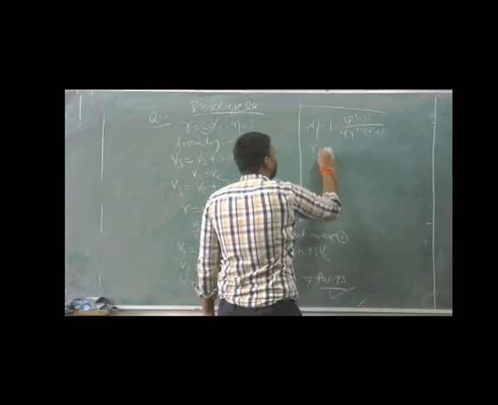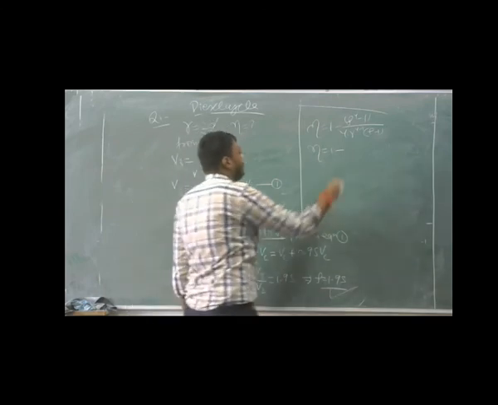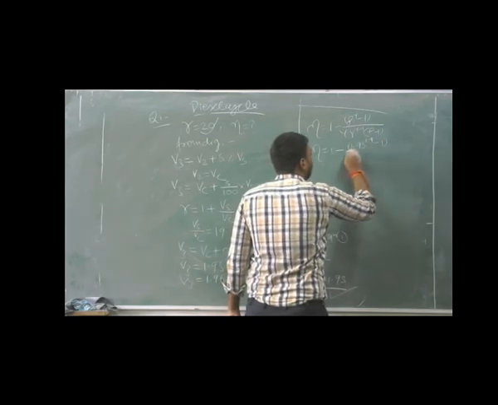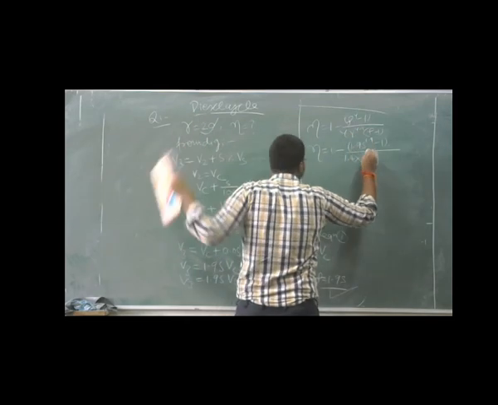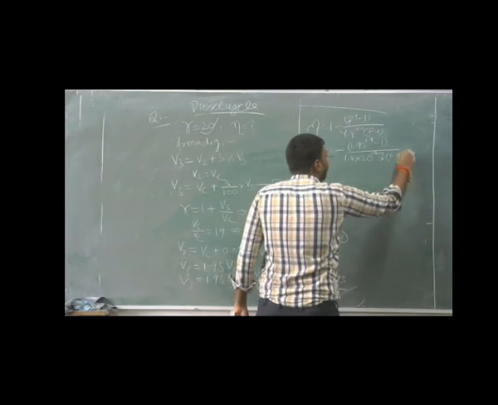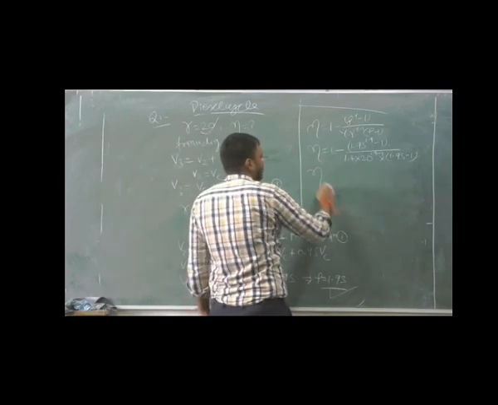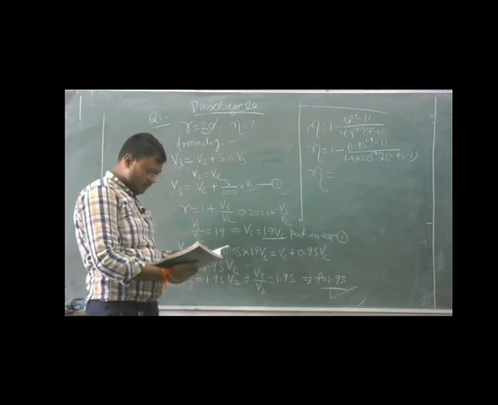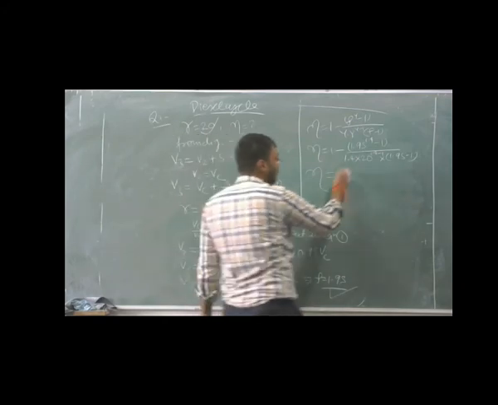Or eta equal to 1 minus 1.95 to the power gamma 1.4 minus 1 divided by gamma is 1.4 into R is 20 to power 1.4 minus 1 into 1.95 minus 1, rho minus 1. After calculating this whole value, you will get the answer equal to 64.9%.